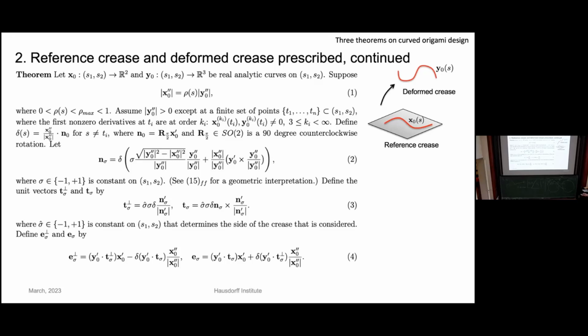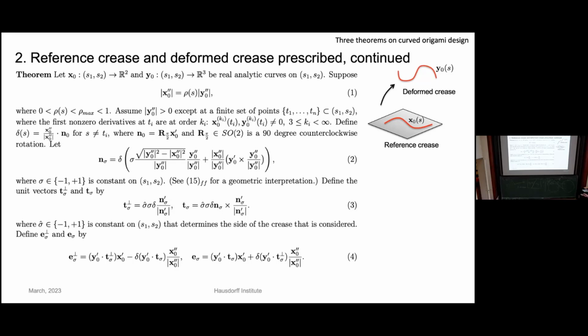I mean, the most important things are these formulas because we use them repeatedly. And we assume the first non-zero derivatives occur at level k_i, and that occur at a finite number of points t_1 to t_n. And then there's some definitions. And then in that case, you can write a formula for the normals to the deformed crease.